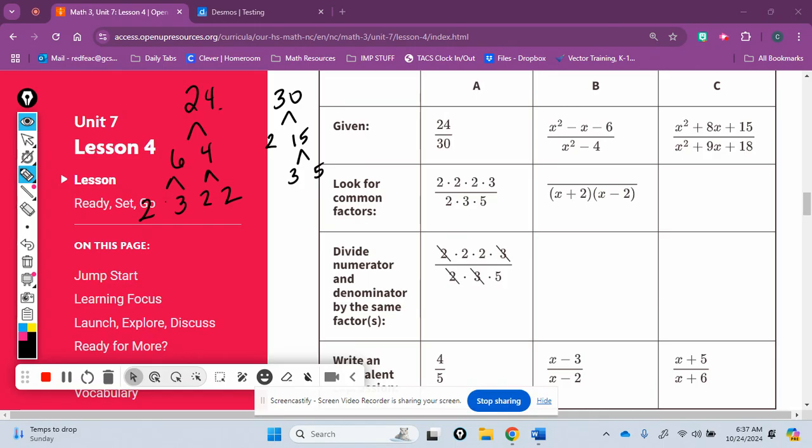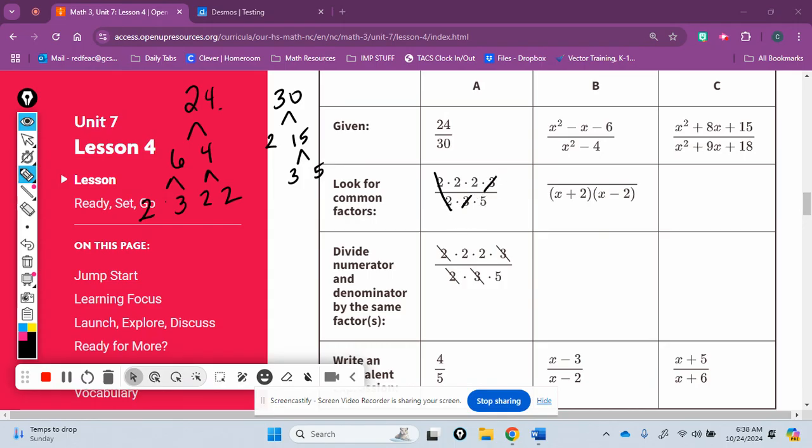Once you break down your rational function, again, a rational function is just a fraction, I can divide out what is alike. So right here we have 2 over 2. Those divide out. And we have 3 and 3. Those divide out.